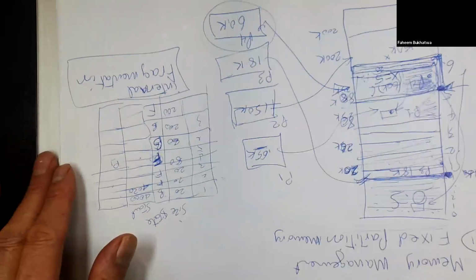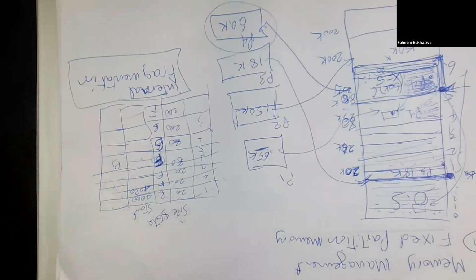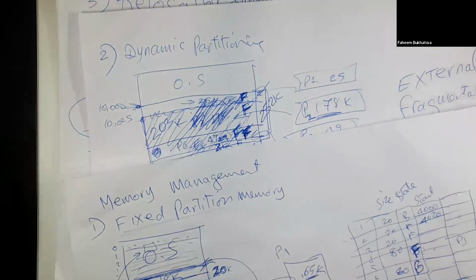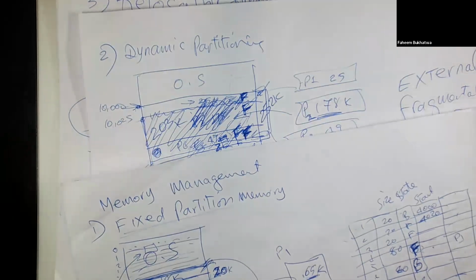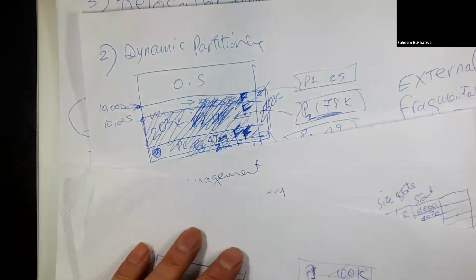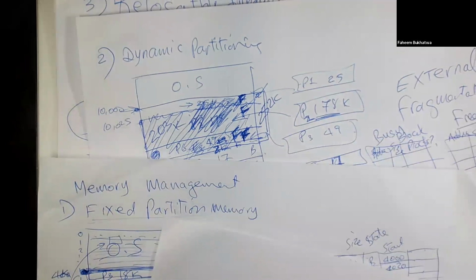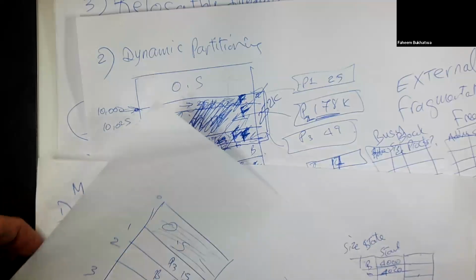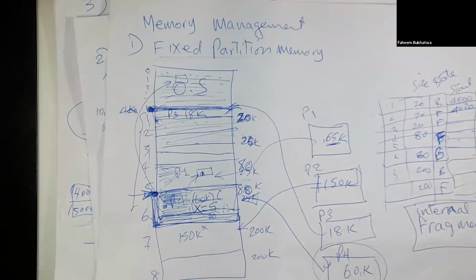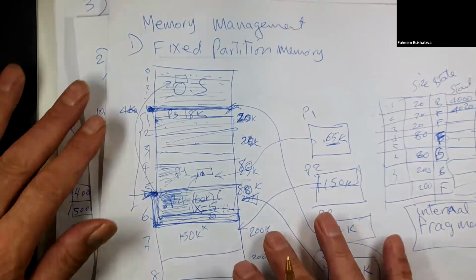So these are 3 memory management systems. They are not used today, but tomorrow or on Friday, we'll carry on and see how today's paged memory systems and virtual memory systems work. But just a quick revision.